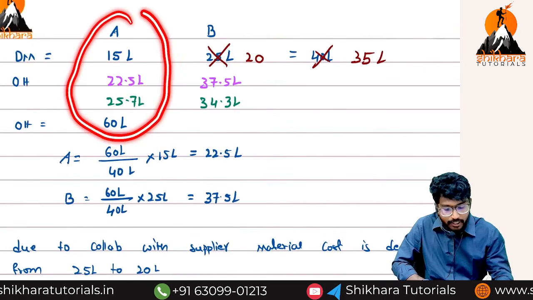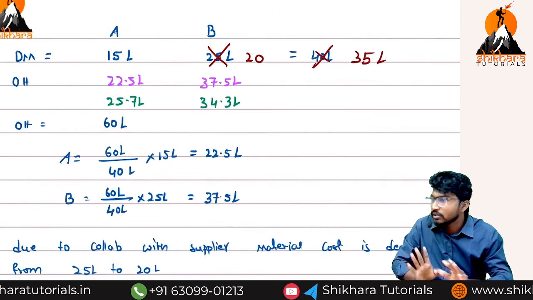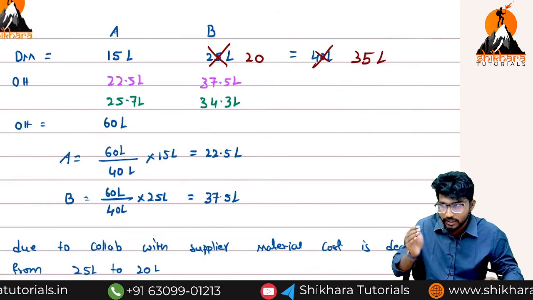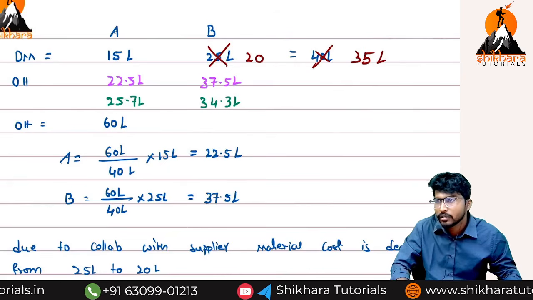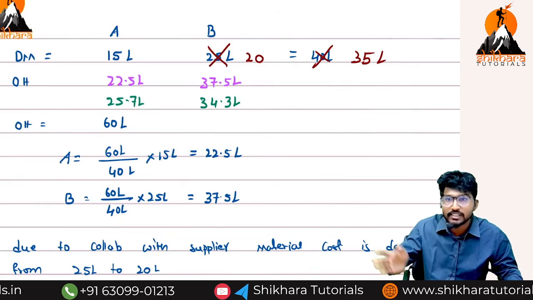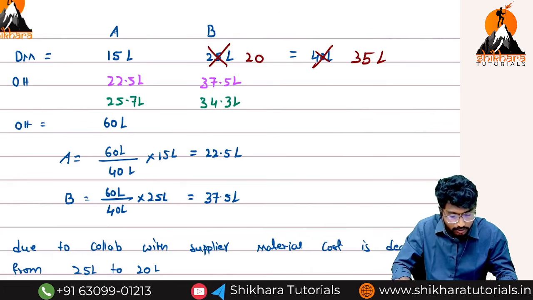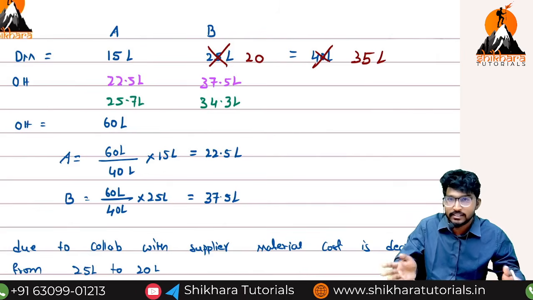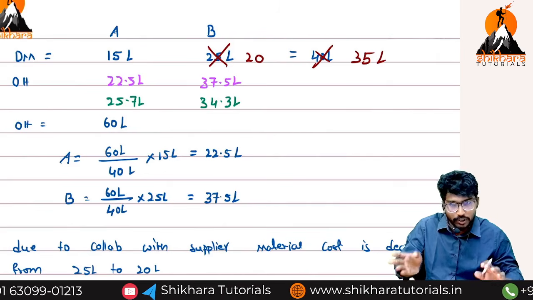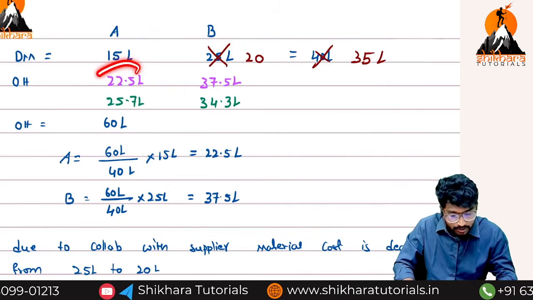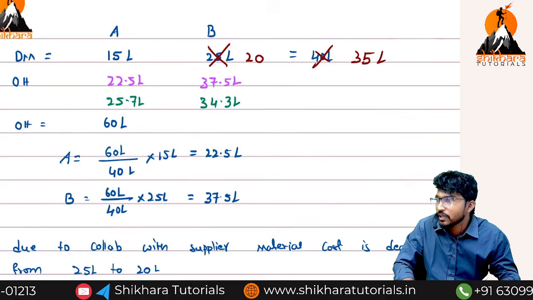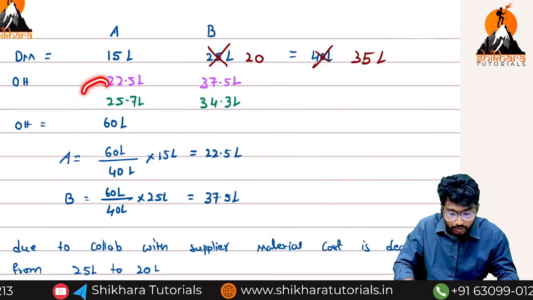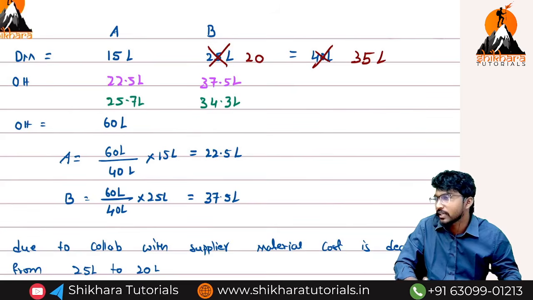Now if you see, did product A do anything wrong? Did it produce more units? Did it change its production strategies? No. But without doing anything, its overheads increased from 22.5 lakhs to 25.7 lakhs.